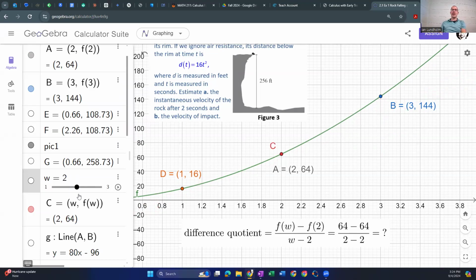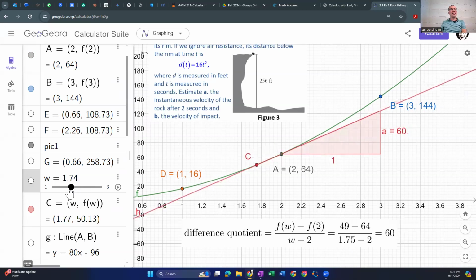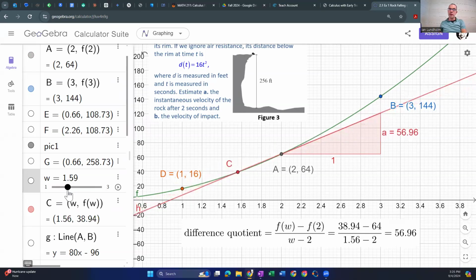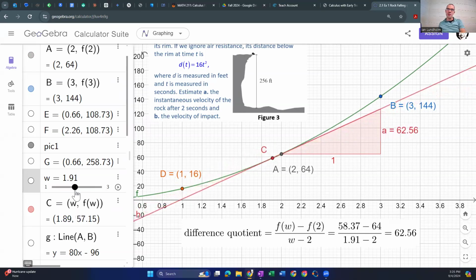What has happened here? Well, we put both of these points on top of each other. We're trying to calculate a slope from the same point twice. And when you do that, you get 0 over 0, which is an indeterminate form. It's a problem. It doesn't output a nice number. So there's this sense that we keep getting a better and better estimate the closer and closer that we get to 2.